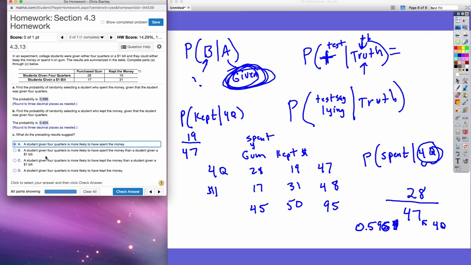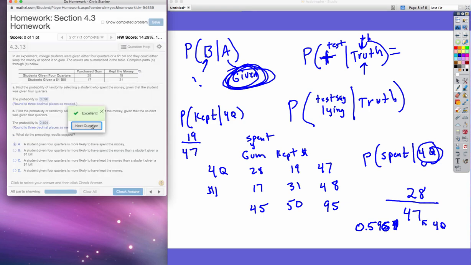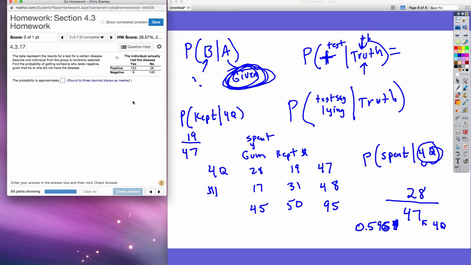Definitely not D. Well, we never figured this other one out, they were given the $1. A student given 4 quarters is more likely to spend the money than given $1. We never found the $1, but it might be C. Nope, there we go.